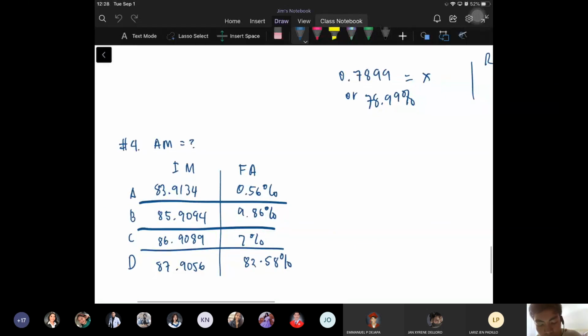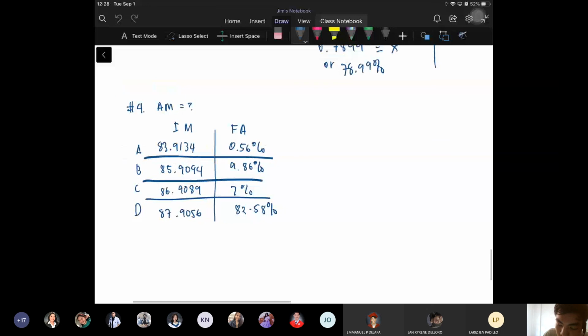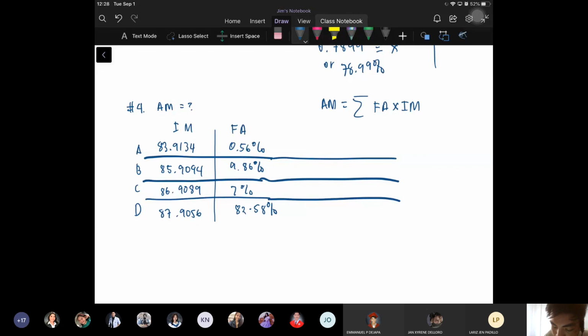Okay, so with that in mind, we can now solve for this now. So again, atomic mass is the sum of the product of fractional abundance and the IM. No? So what I can do na lang here is to extend this table. Extend ko na lang IM times FA. No? So yeah. So again, yung percentages, we will report that as decimals. Just be careful. 83.9134 times 0.0056.